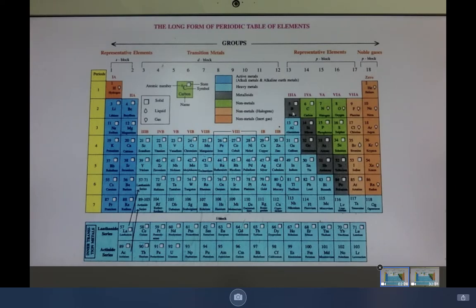Boron, 2,3. Carbon, 2,4. Nitrogen, 2,5. Oxygen, 2,6. Fluorine, 2,7. And neon, 2,8.